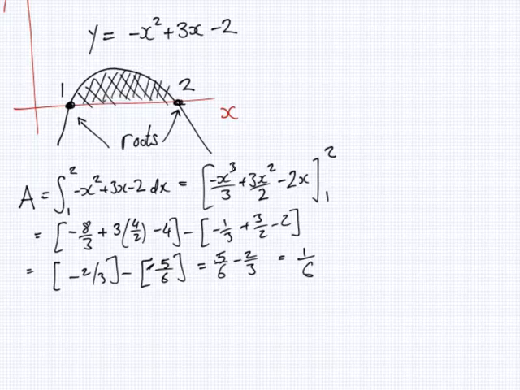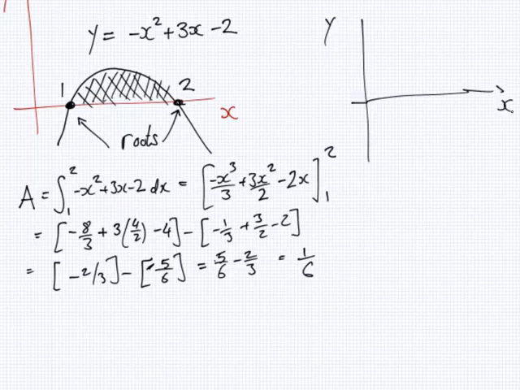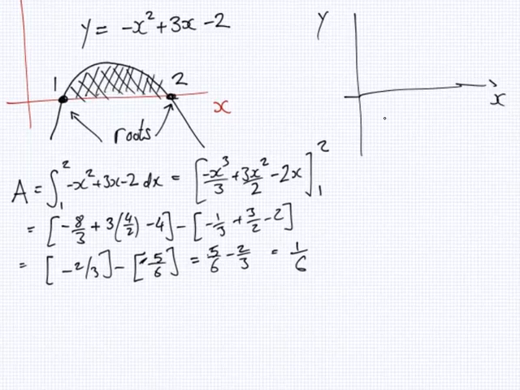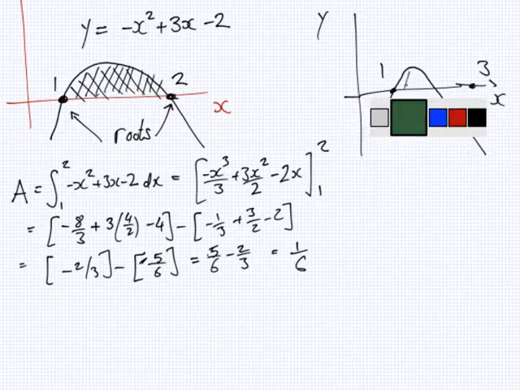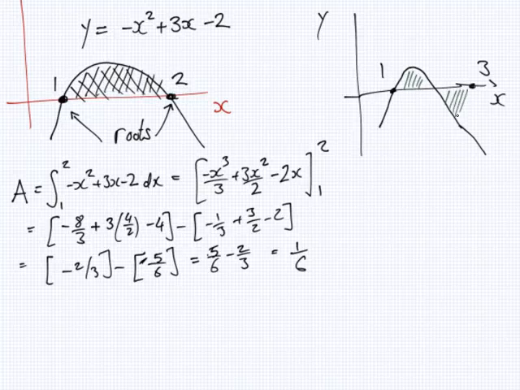Okay, let's look at another similar but different problem to check the answer. Right, look at this graph. Here is point 1 and here is point 3, and I want the area here and here. Now there is a huge difference with this problem.